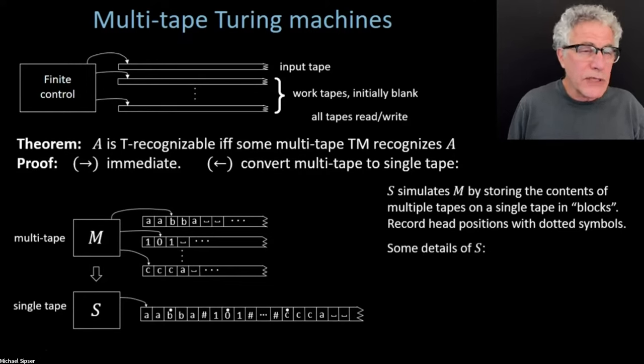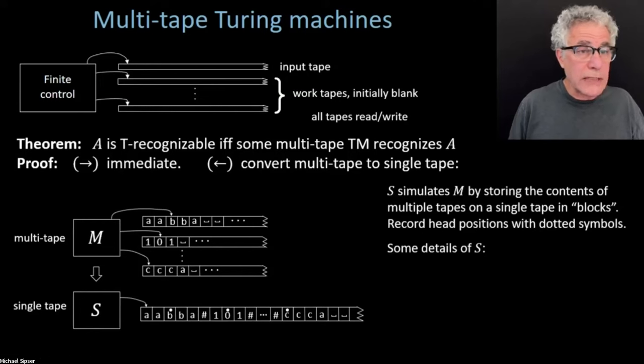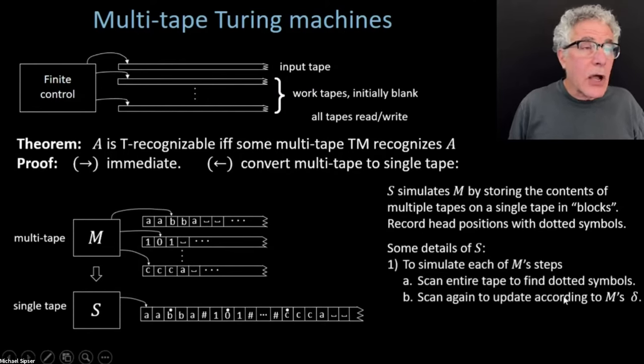Okay, a few more details of S that are worth looking at, just to make sure we're all understanding what's happening. Every time M takes one step, S has a lot of work to do, because in one step M can read and move all of those heads at one shot. S has to scan the entire tape to see what's underneath those, in effect, virtual heads, which are the locations of the dotted symbols.